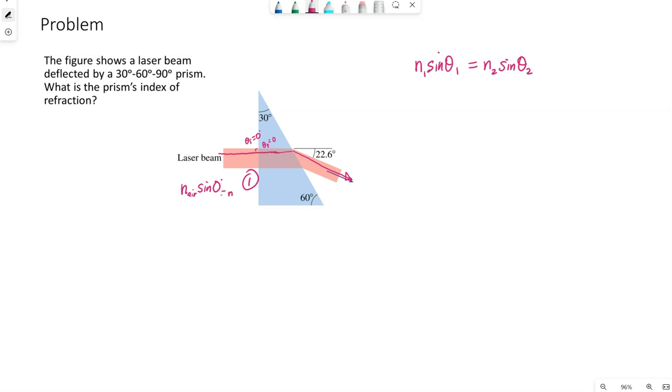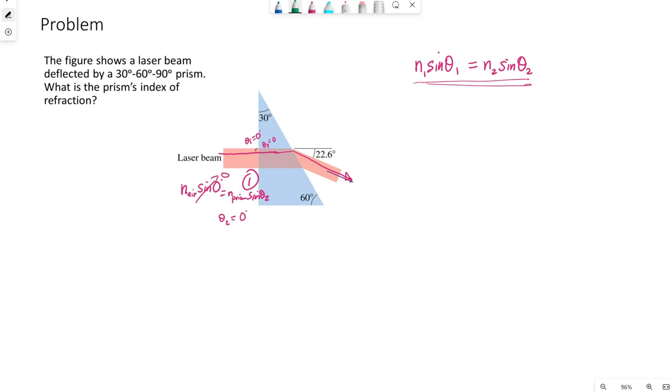That would equal n of the prism times the sine of theta 2. But sine of 0 is 0, so theta 2 has to be 0 at this surface. I mention that because, again, this Snell's law equation can only be used at one single surface at a time.